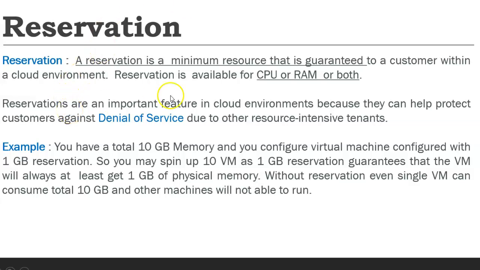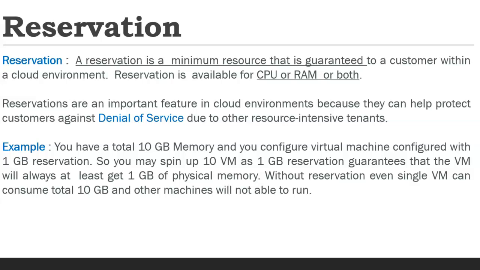Reservation is a very important feature in a cloud environment because it helps protect customers against denial of service due to other resource-intensive tenants. We will see a scenario in the slide of how denial of service happens, but reservation is the way we can help prevent it.